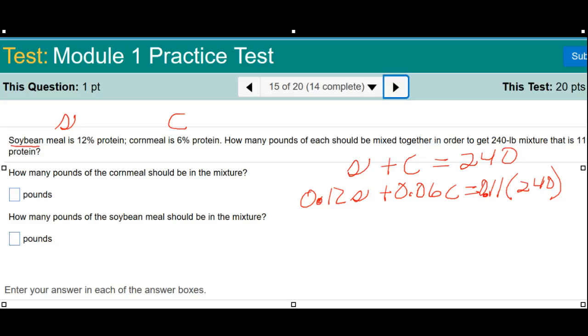A suggestion would be to get rid of your decimals each term, and then if you're going to use elimination, you would multiply this equation by a negative 12 each term, and then the s's cancel out, and you solve for C, and once you find C, you substitute it, let's say here, and solve for S, and those would be your answers.